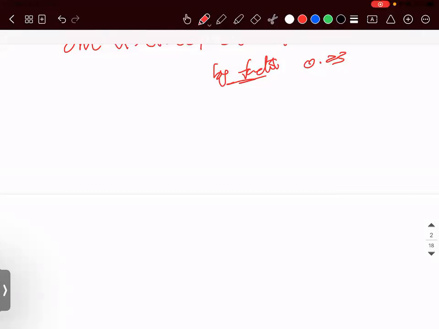So you can find out V. Once you find V, then by using H dash by H equal to minus V by U, you can find H dash. They are asking to find the size of the image. You know H, you know V, you know U, so you can find H dash.